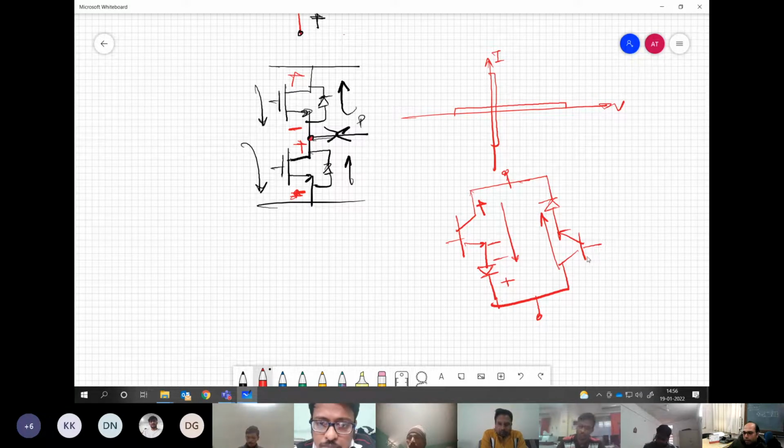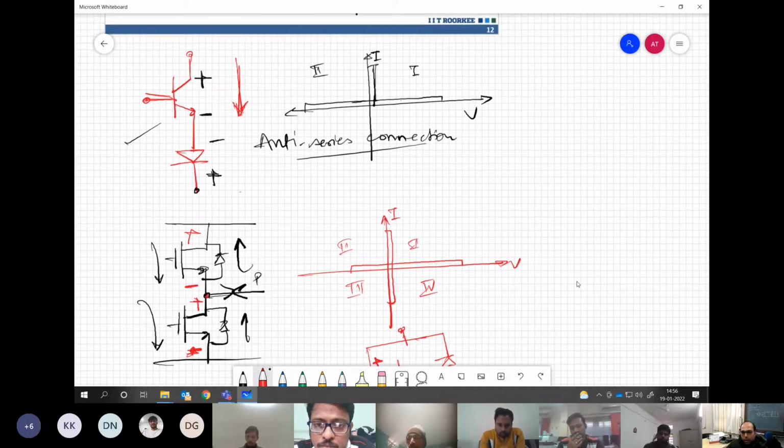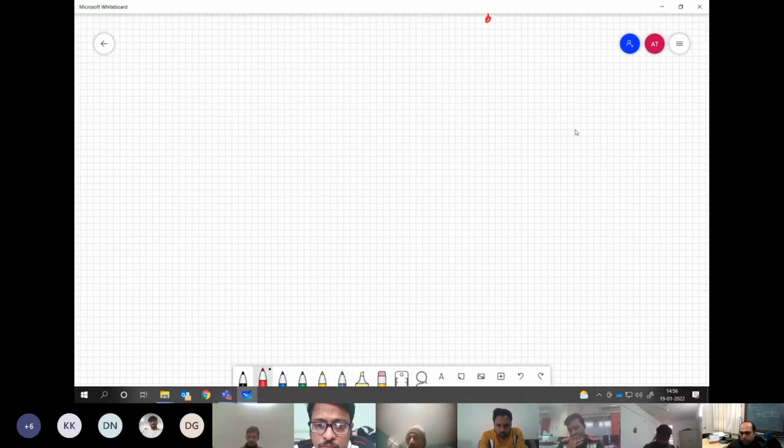Understanding my point? So this is how we can realize anything by combination of different switches. Now this is what we are going to use for our power converter realization. This part is a little bit important because anything further that we discuss will be based on all these things.